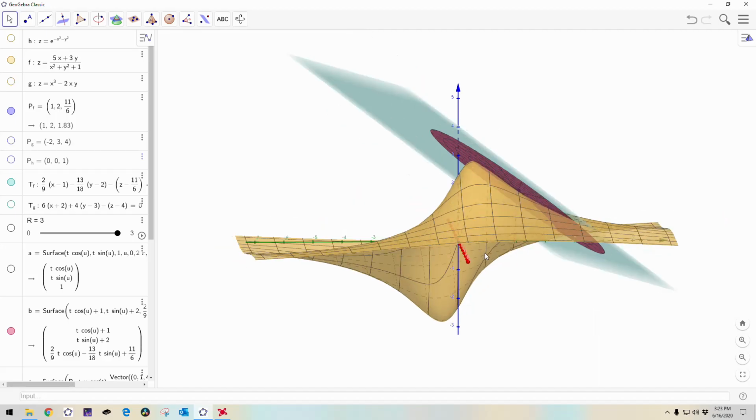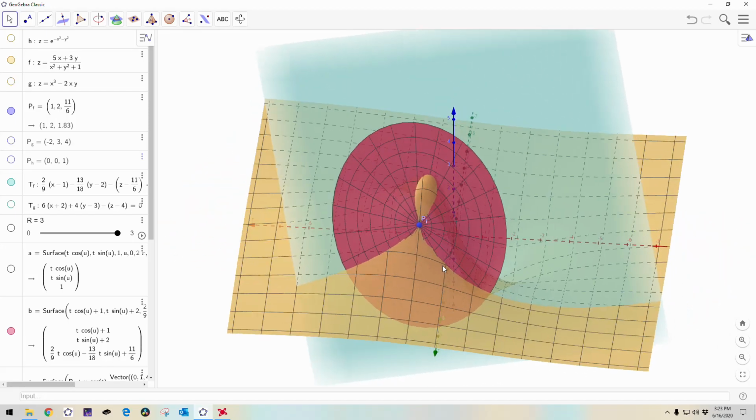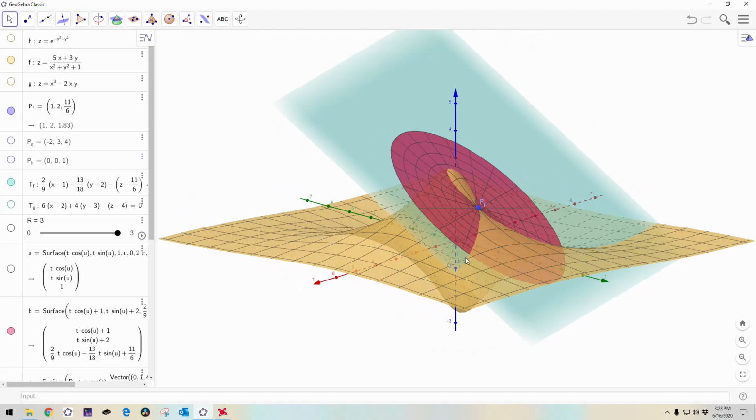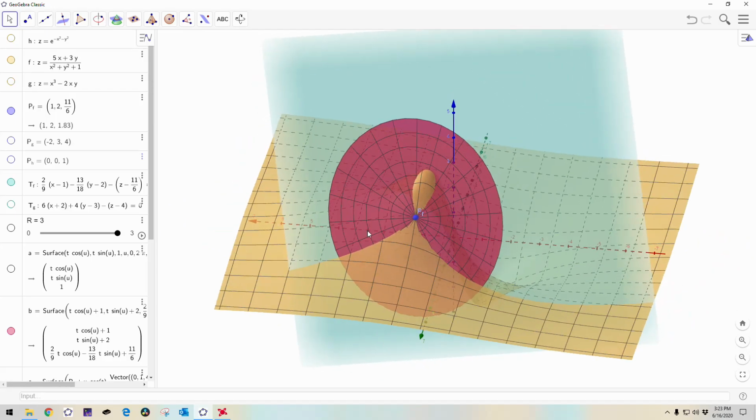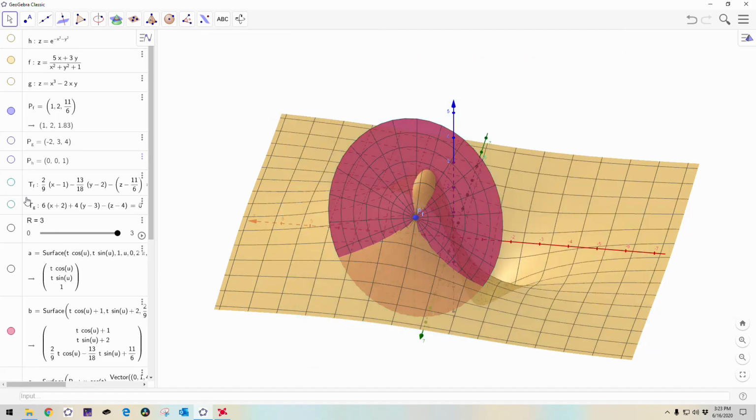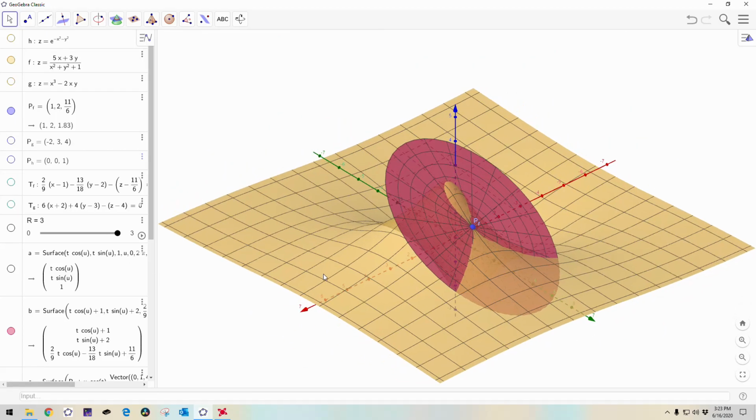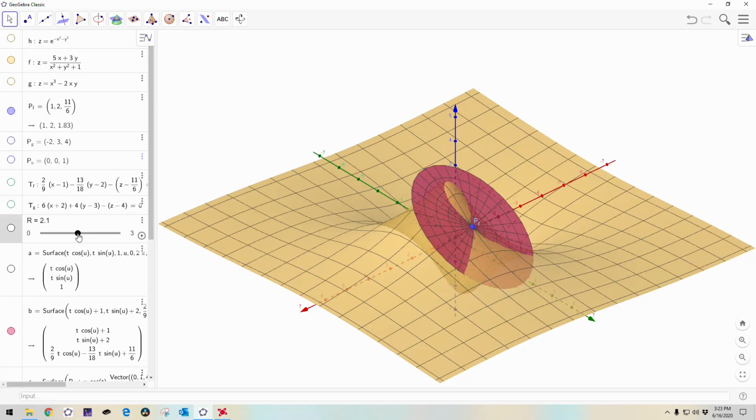See how this is a circular cutout, well, elliptical cutout of the tangent plane there, centered at the point in question. And even the size that I've put here is too much. What we're really interested in here is if we were to decrease the radius a bit.